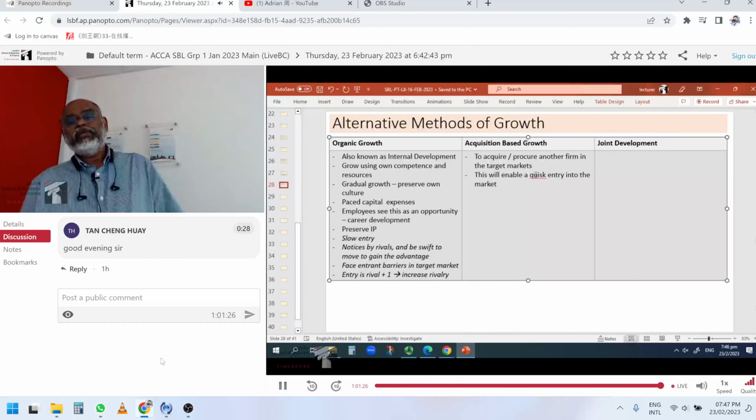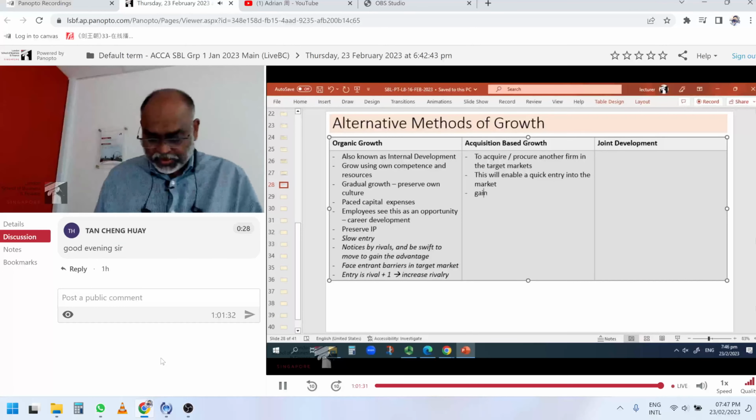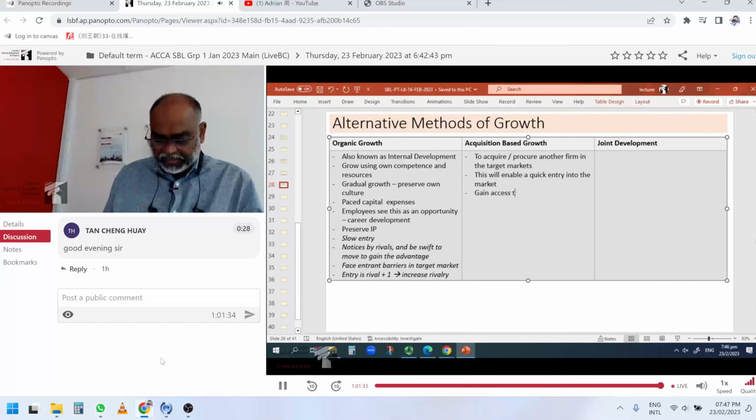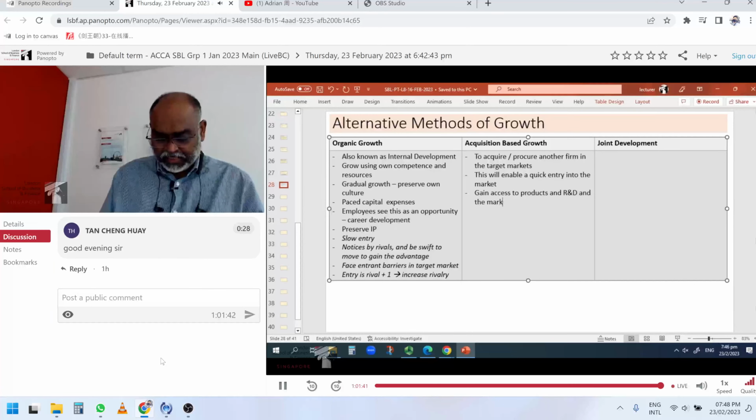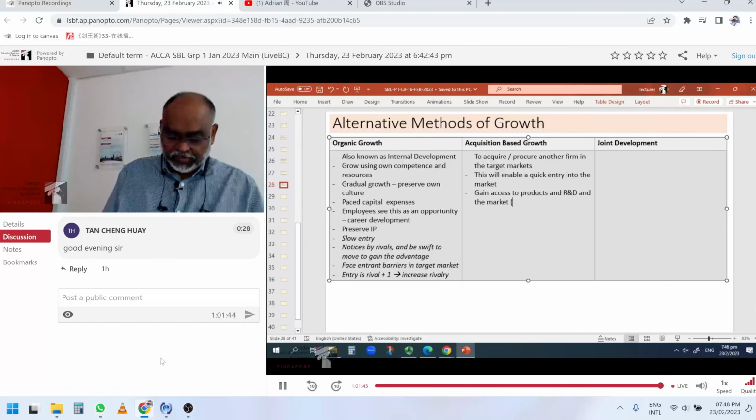So for example, when you acquire KitKat and everything, Cadbury, you get access to their product. So here we also gain access to products, the R&D and the market, which is an already available revenue.